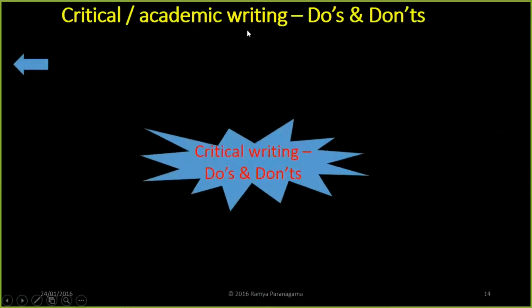The next part we are going to look at is the do's and don'ts of critical writing. There's a whole huge list, but this was extracted from another source, and I have adapted that, right? If you look at the source here, it has a number of questions under do's and don'ts. I'll come back to that once I show you the information, right?